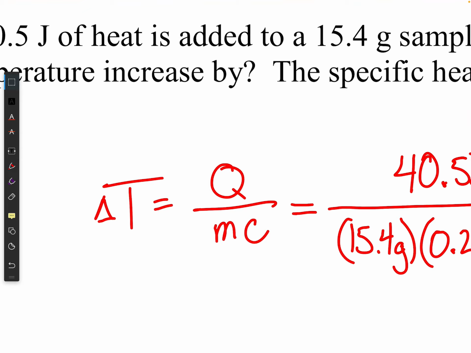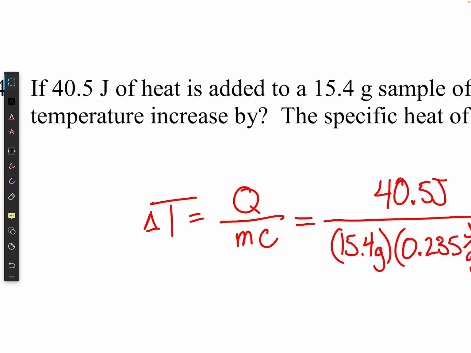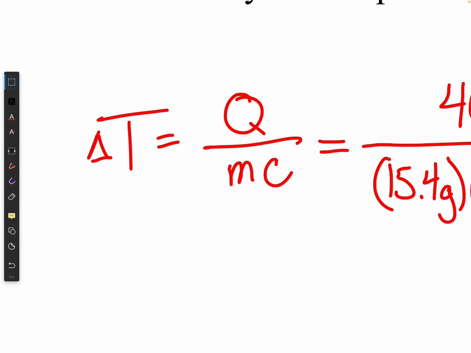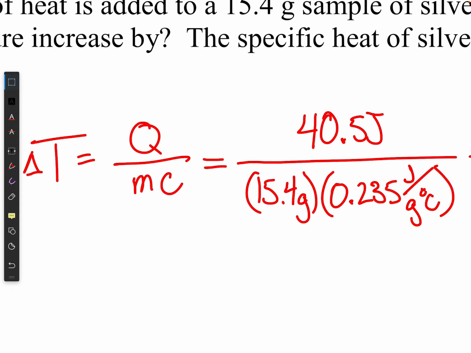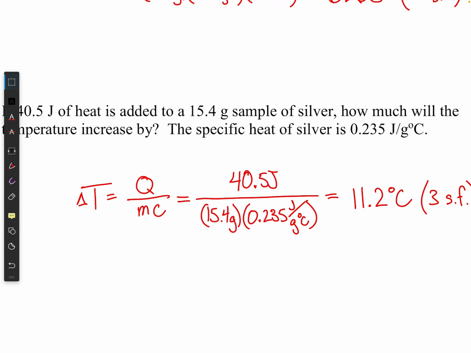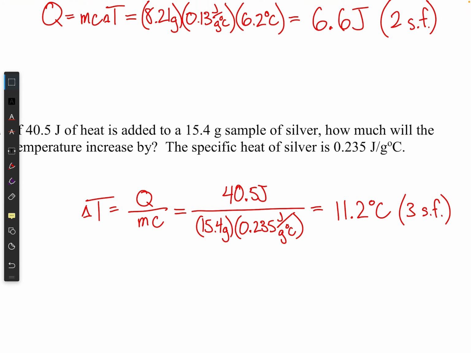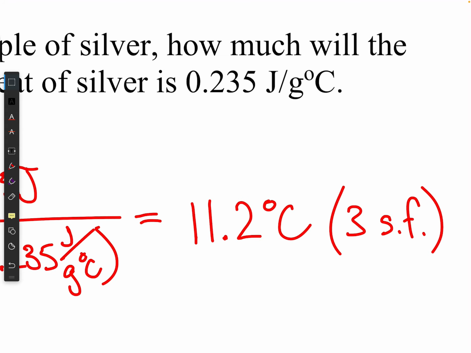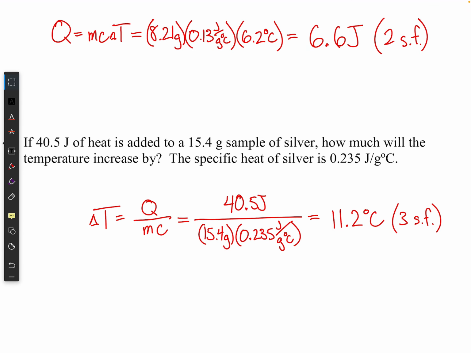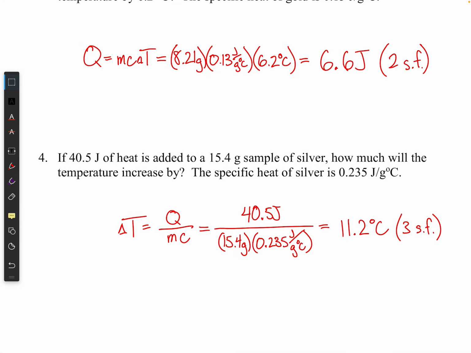And we simply do that by taking our initial equation, Q is equal to mc delta T, and dividing both sides by mass times specific heat capacity. Okay, so there is the equation we need, and we plug in the values. And we find that we get a temperature increase of 11.2 degrees Celsius. And for this problem, we have 3 significant figures instead of 2. Nice.